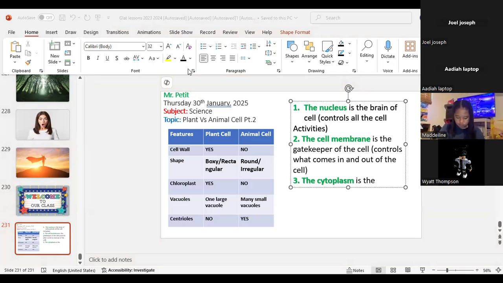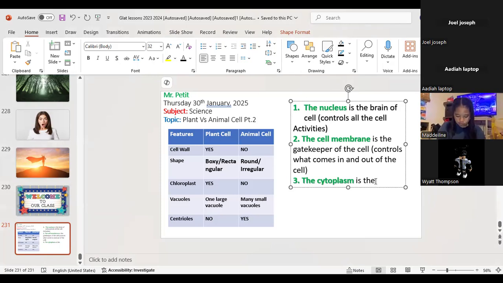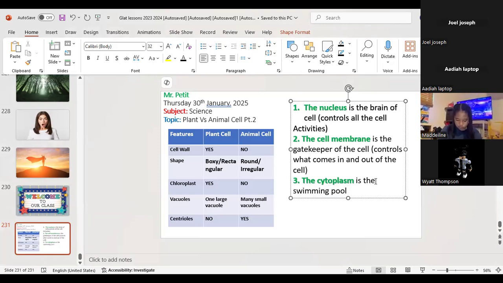Very good. So it is like a swimming pool, right?